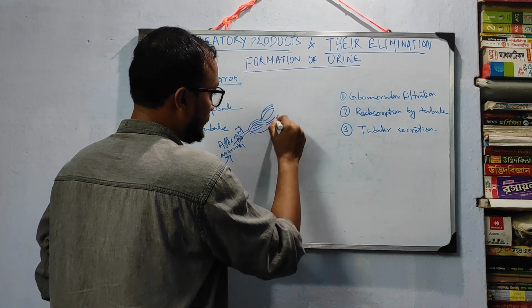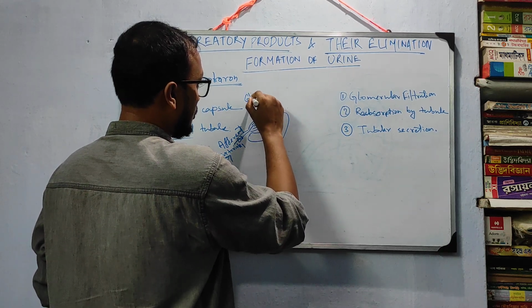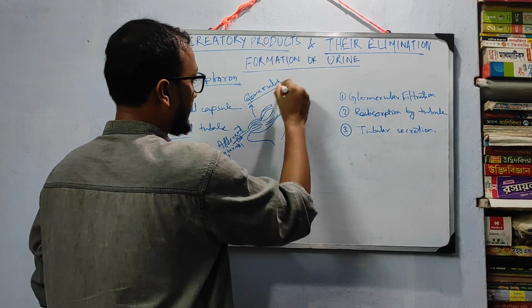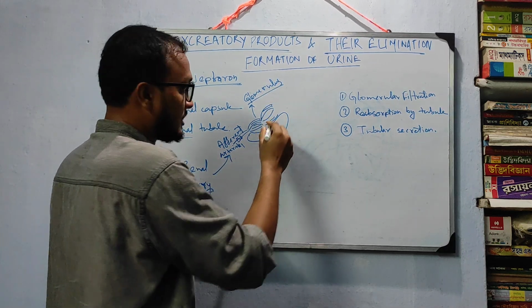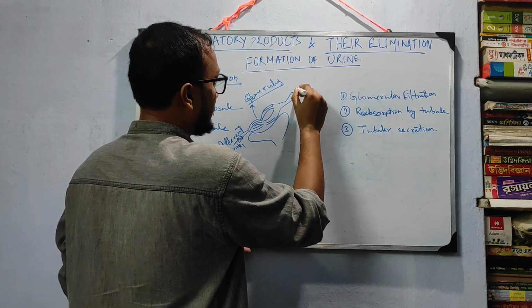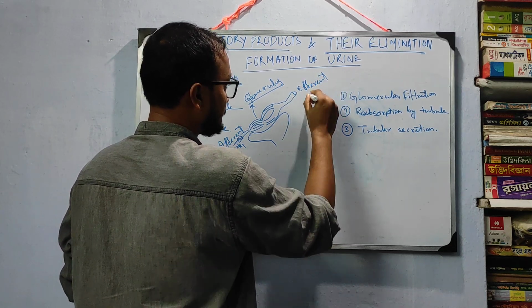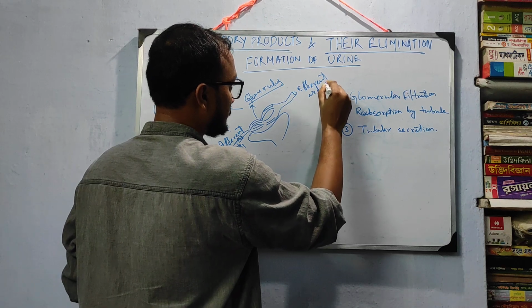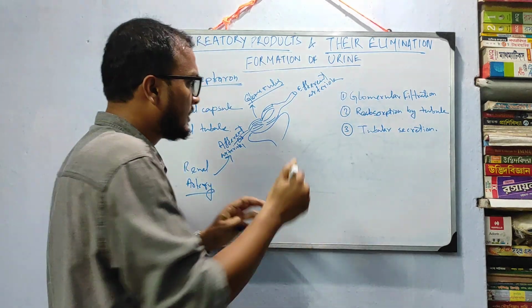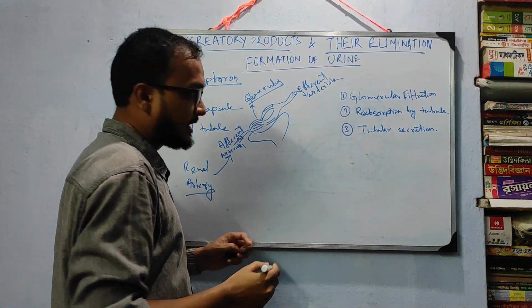Then it will again bifurcate and make the glomerulus region, a tuft of capillaries. Then they get connected again and make the efferent arteriole. After getting filtered, all the blood will come out through the efferent arteriole.